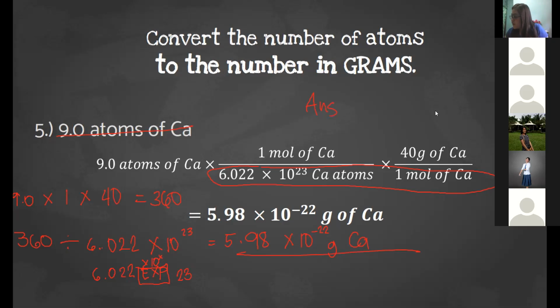Okay, I get your answer now, Janica. What happened is you typed 360, pressed divide, and then input 6.022. Then you pressed times, entered 10, and then gave the 10 an exponent of 23. That makes your answer wrong, because when you do it this way, each of your inputs is a separate entity. Supposedly, this is just one entity, because it is scientific notation. So to correct your answer, you have the option to place parentheses: 360 divided by, and then parentheses so that it becomes one entity, 6.022 times 10 raised to the power of 23.